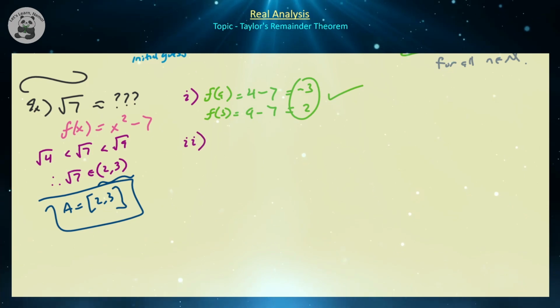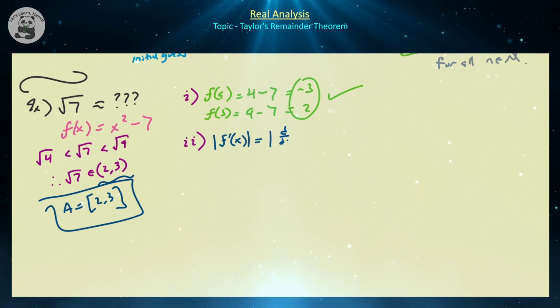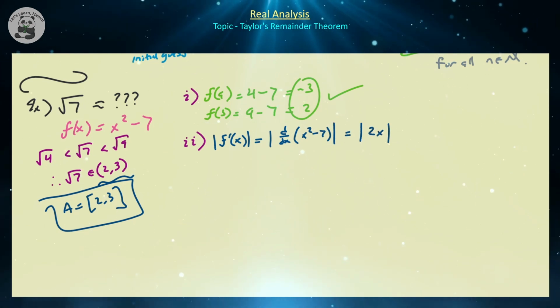The second thing is that our first derivative must be bounded by a number that is strictly greater than 0. So let's test that. The absolute value of f prime of x is equal to the absolute value of the derivative of x squared minus 7, which is equal to the absolute value of 2x, which is 2 times the absolute value of x.